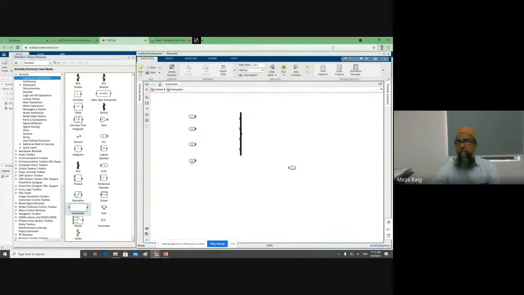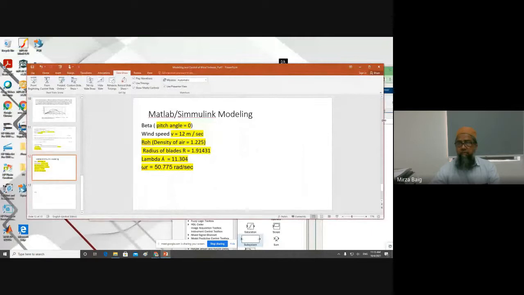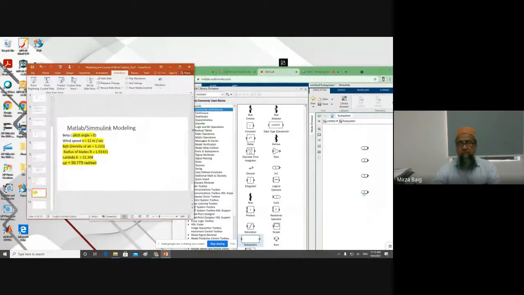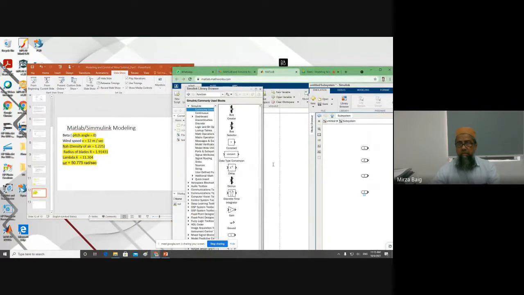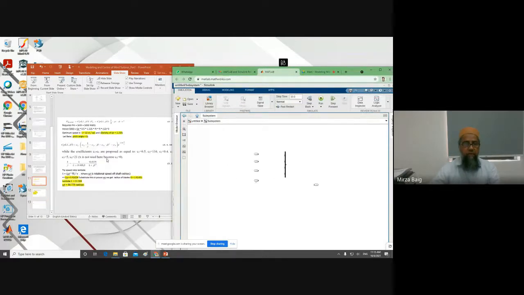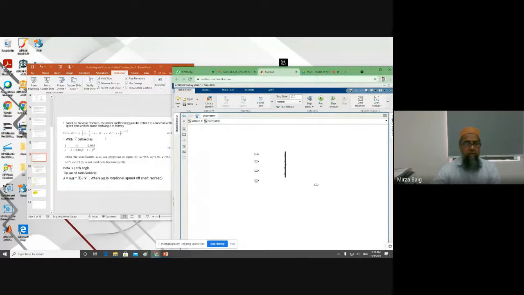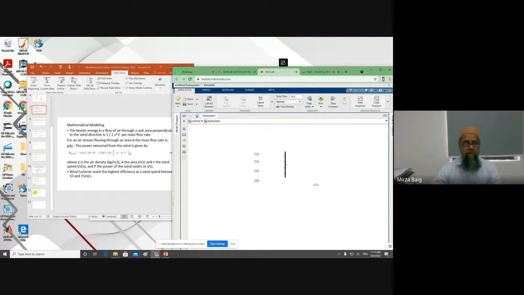Let me go side by side. So we need to find out the power. Power is equal to Cp times rho times area times V cubed.